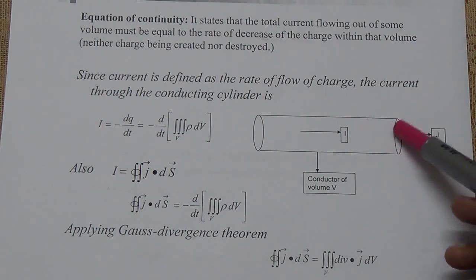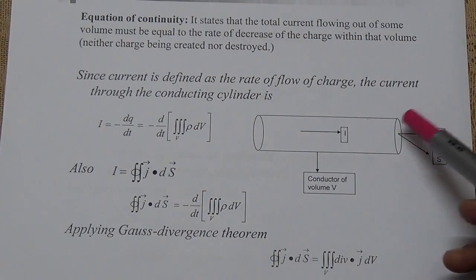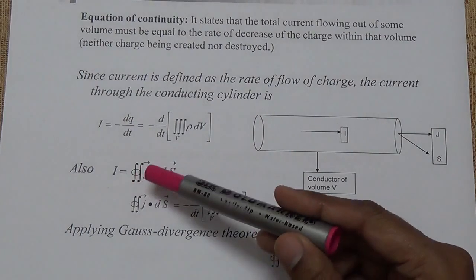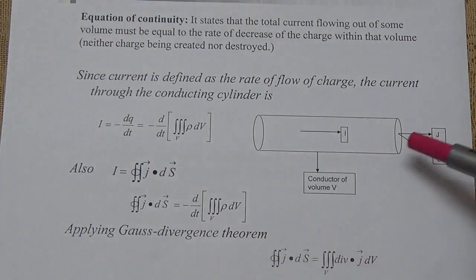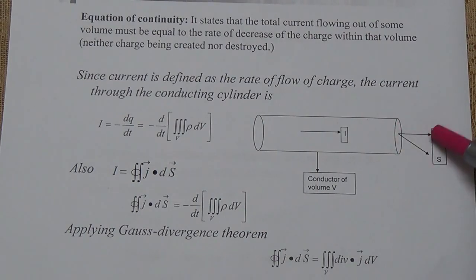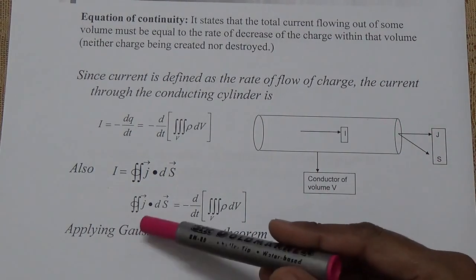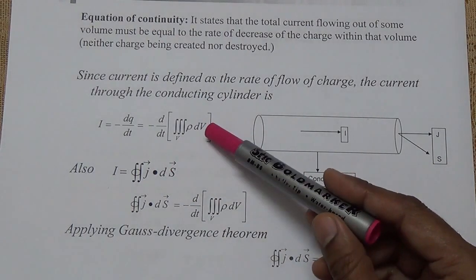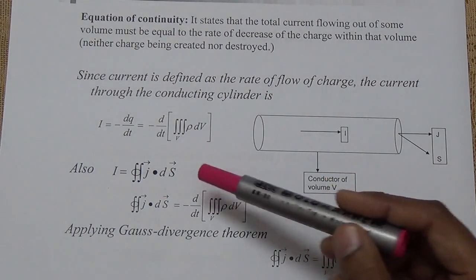Now this current I is equal to the closed surface integral of J dot dS, in terms of the current density. So J dot dS is also current, and both currents should be equal.